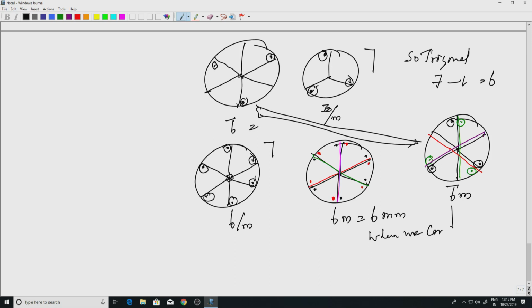When we consider 1 as the original mirror operated.